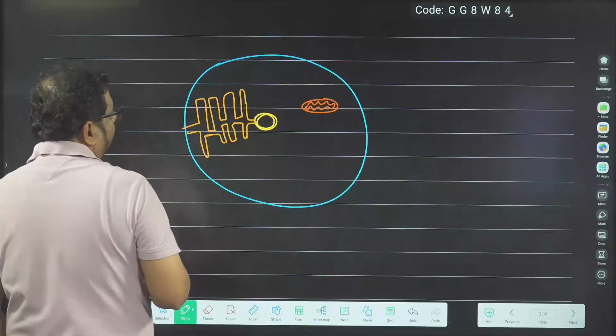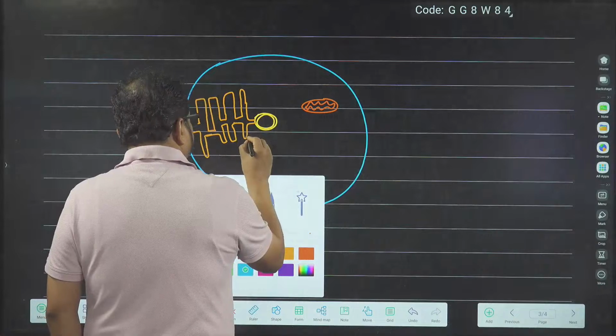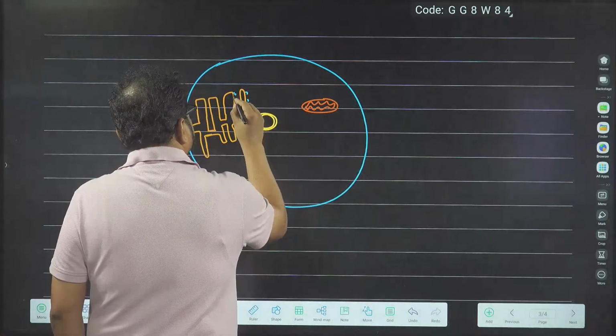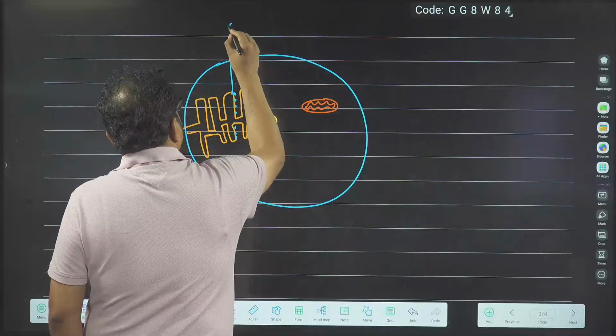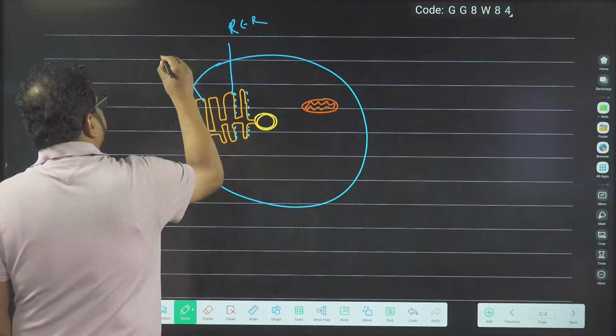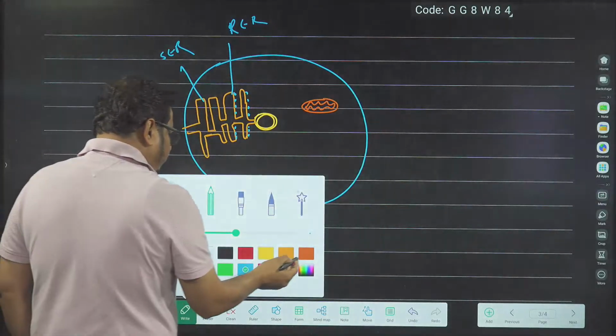Here the ribosome is there, so it is rough endoplasmic reticulum, RER, and here the ribosome is not there, so it is SER. This is ER.